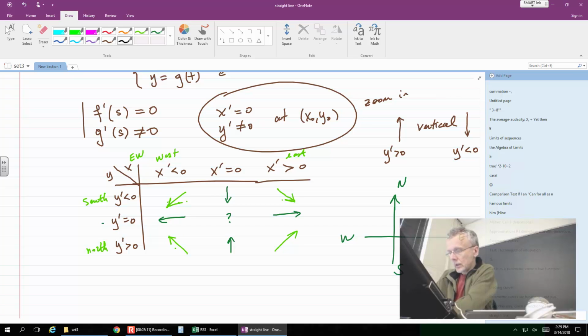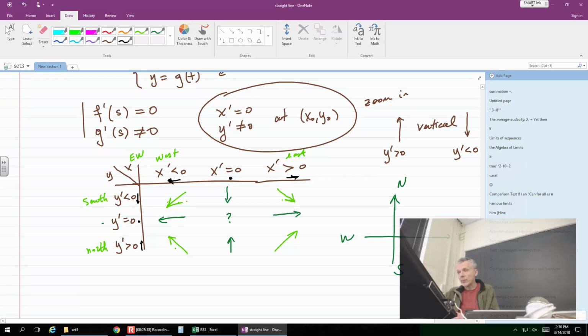Let me maybe, so south, this is no motion, and this is north. Okay, this one is west, no motion, east. Whatever is in those rows and columns, those little arrows that are provided, you combine them together in order to produce those green arrows.